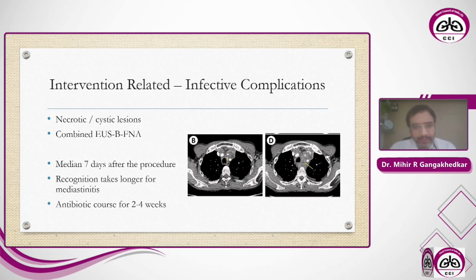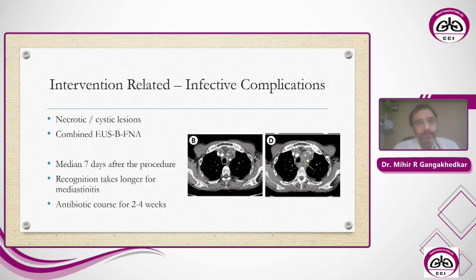If one were to try and predict which patient is likely to have an infective complication, it was more likely if you had a necrotic or a cystic lesion, something that one finds intuitively a possibility. And additionally, if there was a combined EUS-B FNA, they found that the odds of having an infective complication were higher.